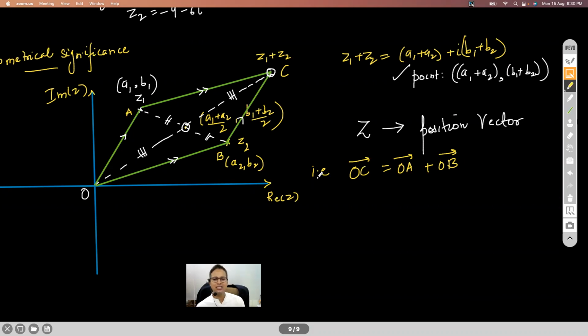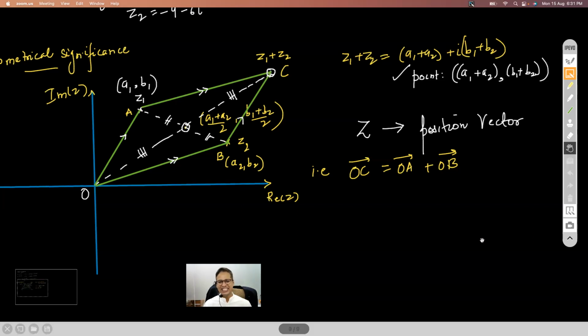Any question, any concern as to where on the Argand plane Z1 plus Z2 is lying, and how Z1 and Z1 plus Z2 are placed? Yeah, everything you can use.